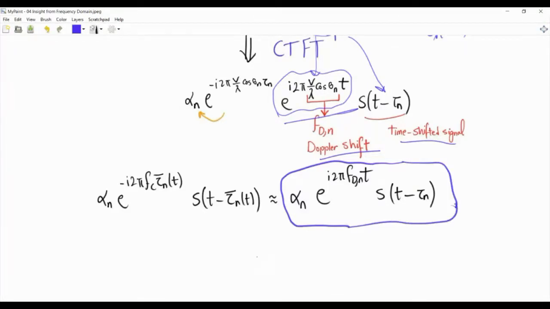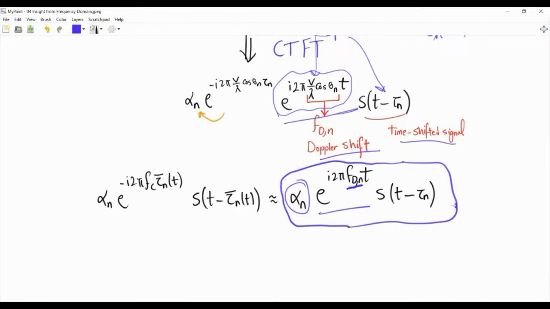You transmit a signal, it is received along a number of paths. For the nth path, under some assumptions, you can write down the received signal as a complex valued amplitude, as a complex sinusoidal signal, a complex exponential with a frequency fd called the Doppler frequency or the Doppler shift.